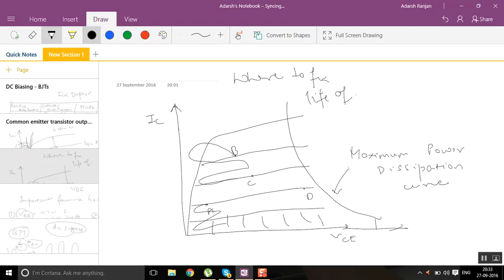So if we operate here, then we are operating beyond the maximum power rating of the device, so there are chances that the life of the device can be diminished or the device will get corrupted. So we mostly use it here in the center, so this allows the maximum voltage swing, and this will give a faithful amplification, so we use it here normally.